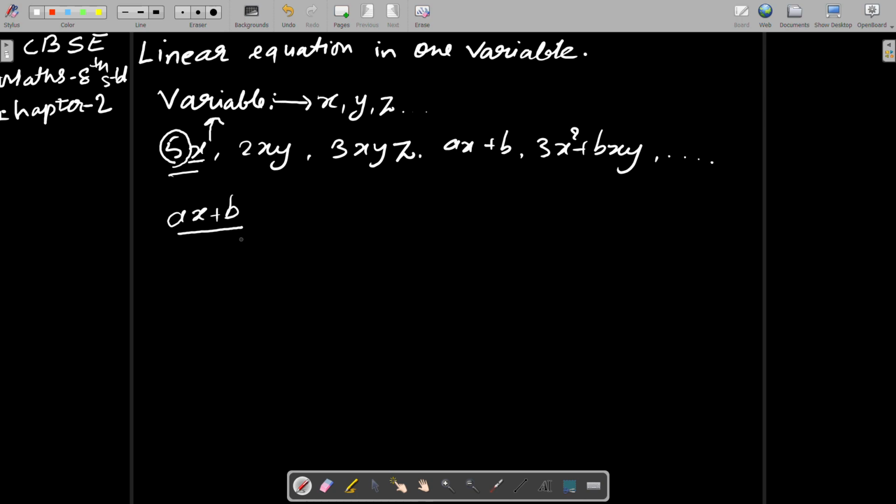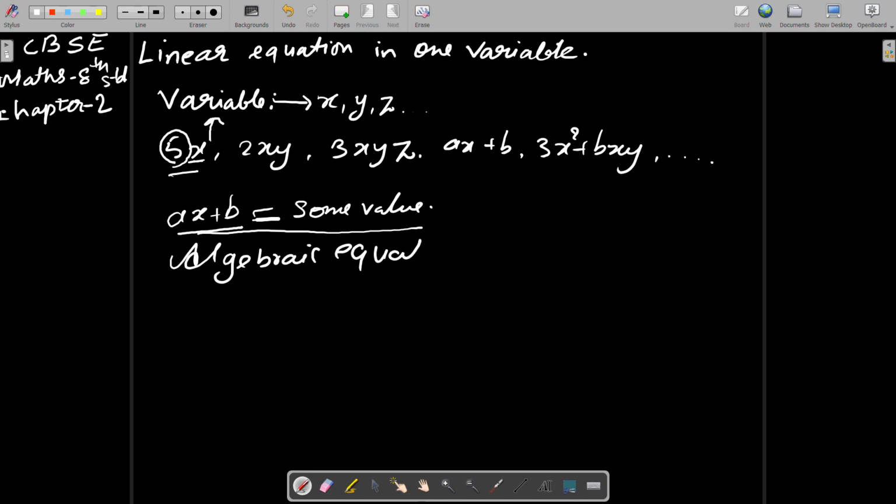Now you might have seen that equations mostly have a condition associated, that is, equal to some value. This kind of equation is called an algebraic equation. What does an algebraic equation say?